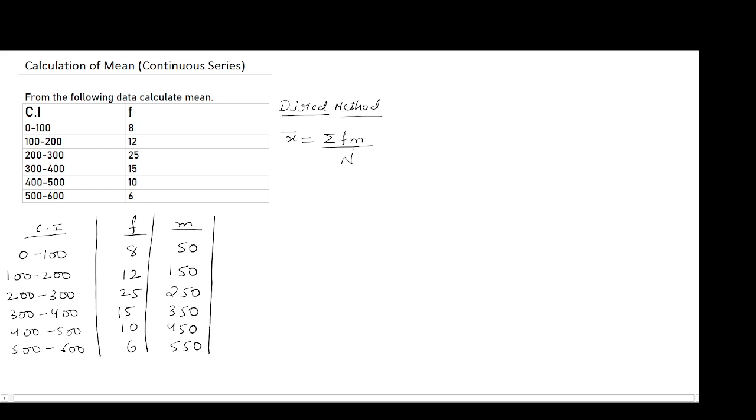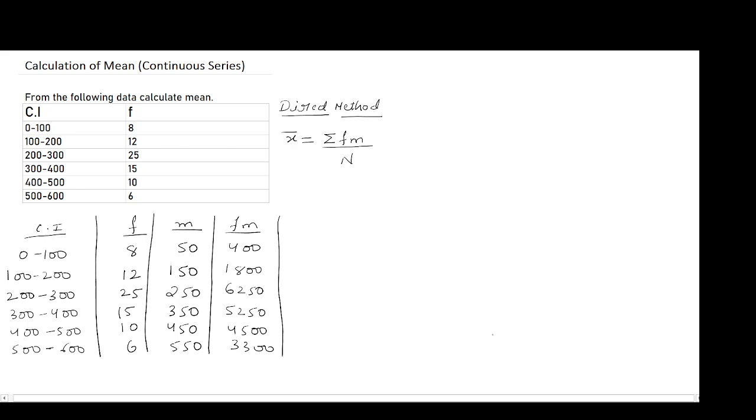Next, in the formula I need fm. So I have to multiply frequency values with midpoint values. So that is 8 into 50, 400. 12 into 150 is 1800. 25 into 250, 6250. 15 into 350, 5250. 10 into 450, 4500 and 6 into 550 is 3300.